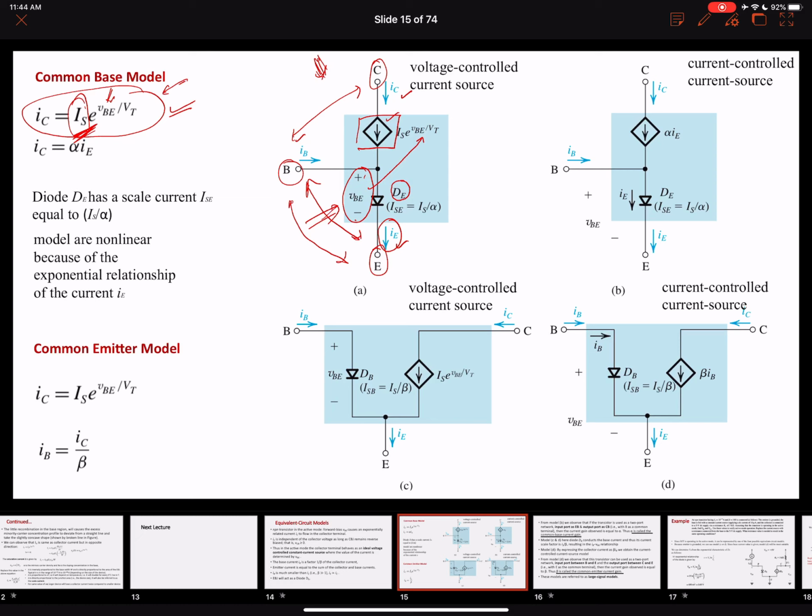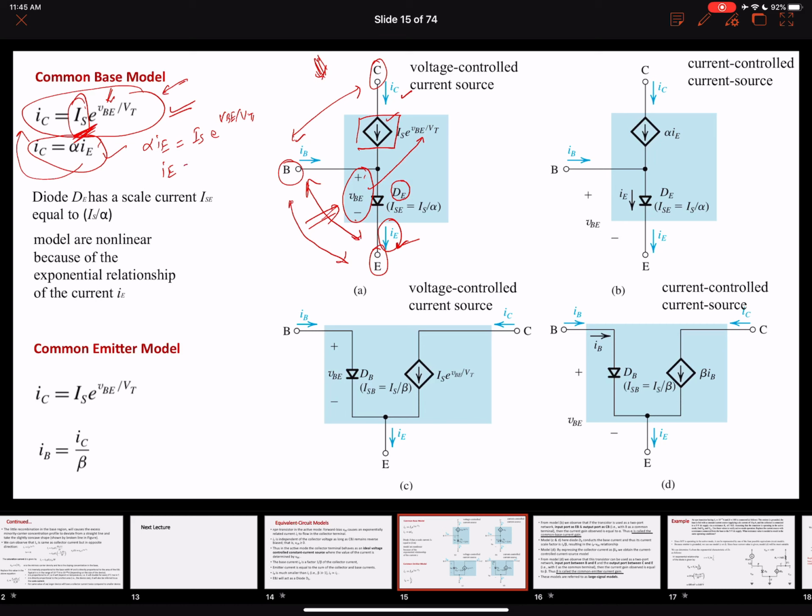Okay, so now in a common base model, we saw that our collector current is alpha times IE, right? So we are interested in finding out what is the current IE that is flowing over here. IC equals alpha times IE, so we can replace this value over here. So alpha IE equals IS e raised to VBE over VT.